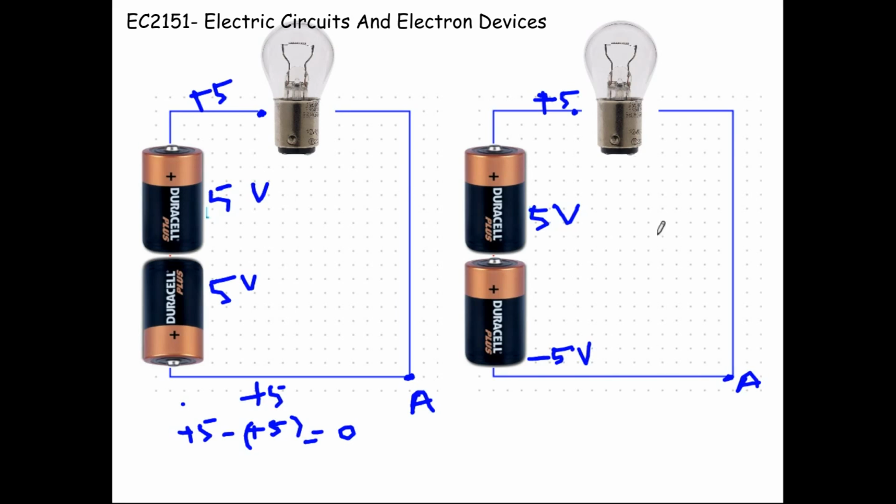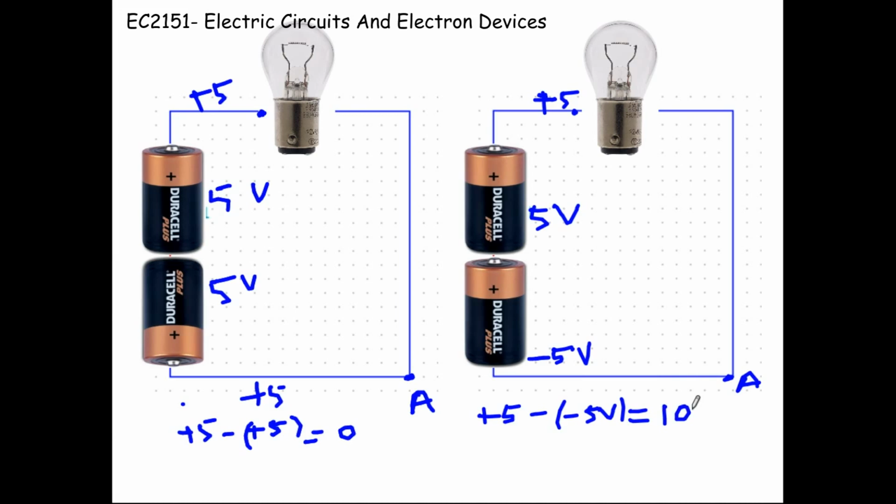If we consider this point with reference to reference point A, then we will have an energy that is the difference between the voltage accumulated here minus the voltage accumulated here. So it will be plus 5 minus minus 5, right? Which is equal to 10 volts.